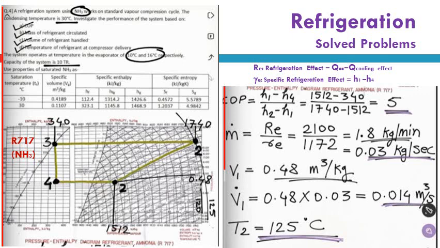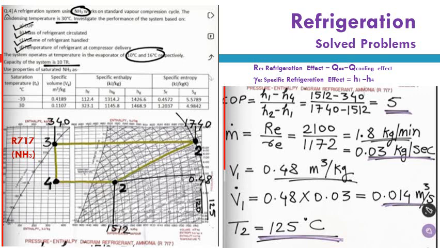As can be seen, firstly, we have to plot the cycle corners using the two pressures listed or the two corresponding temperatures listed of the condenser and evaporator, such as minus 10 degrees Celsius for the evaporator temperature and 16 degrees Celsius for the condenser.